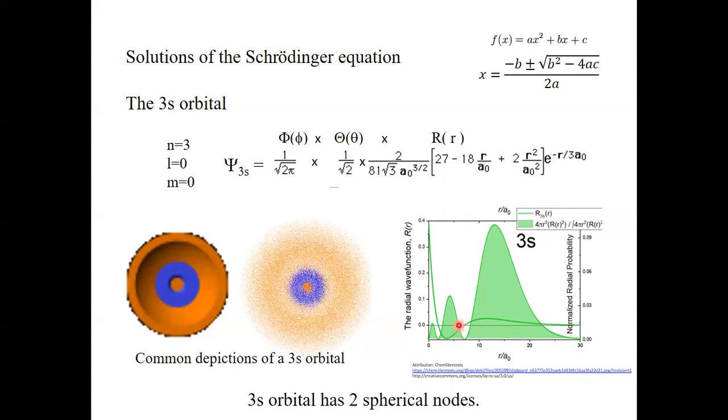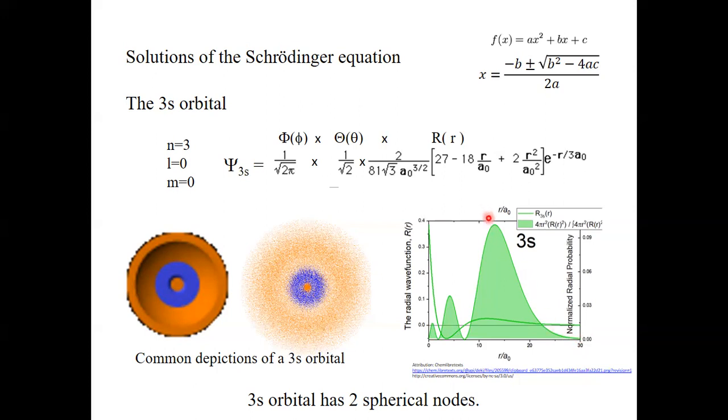So here this is our second spherical node, and then we go again through a minimum, and that's now our third spherical node, and then we go through a maximum again, after which we eventually approach 0 probability as we go very far away from the nucleus.